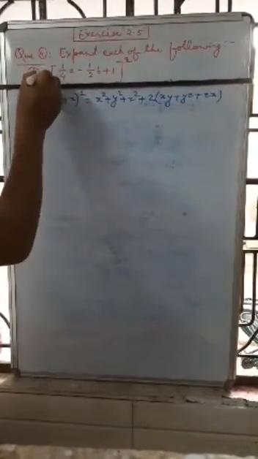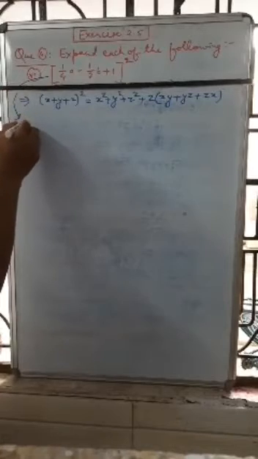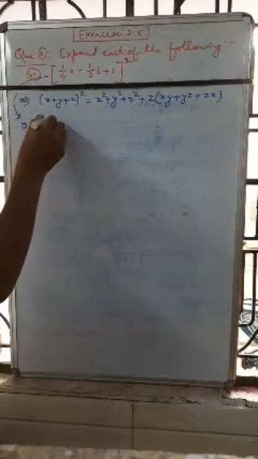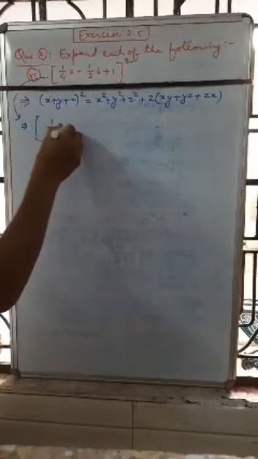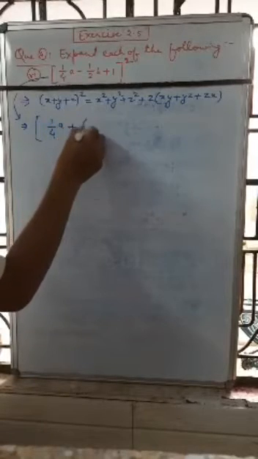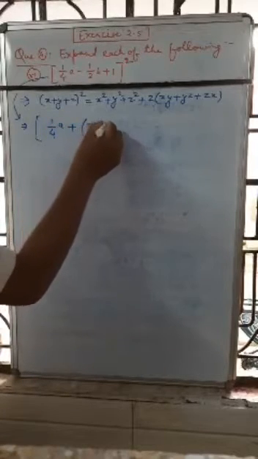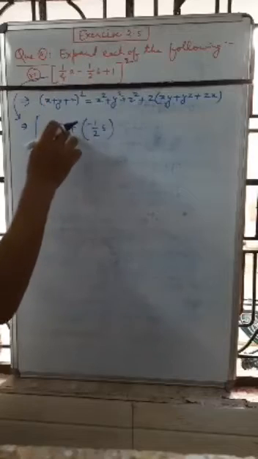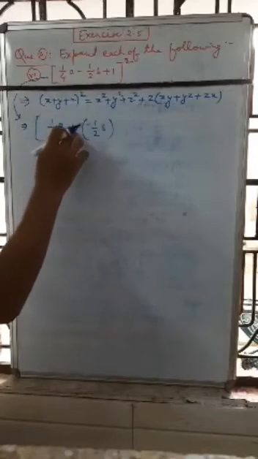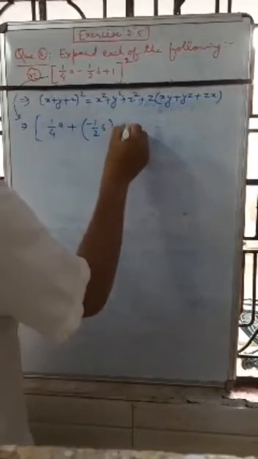So again we will use the same identity for solving this question. How to solve it? We will rewrite the question: 1 by 4a plus minus 1 by 2b. We have taken the sign, but we are using a plus sign here, and plus multiplied by minus gives minus again. Then plus 1 whole square.